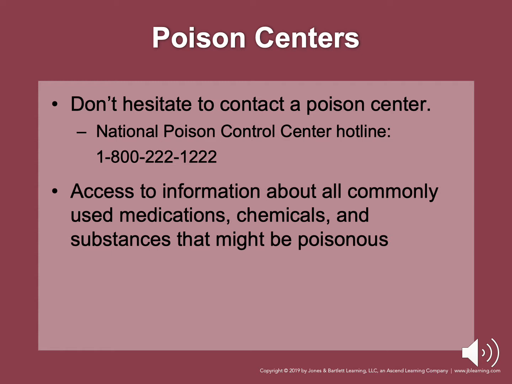So don't call them before you get to the patient themselves, just based off of CAD data or before you've actually done a complete assessment. Do your assessment and then call them and get some more information. They're also going to ask you where you're transporting to, and the reason being they can go ahead and call that receiving facility and give them a heads up with what's coming in also.